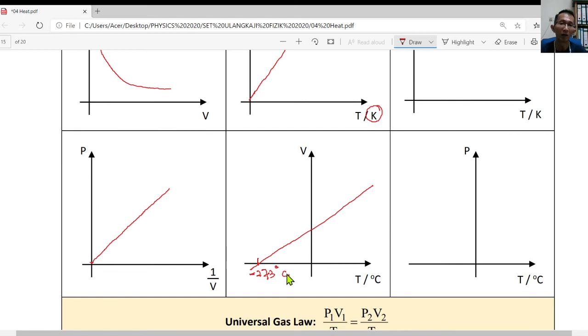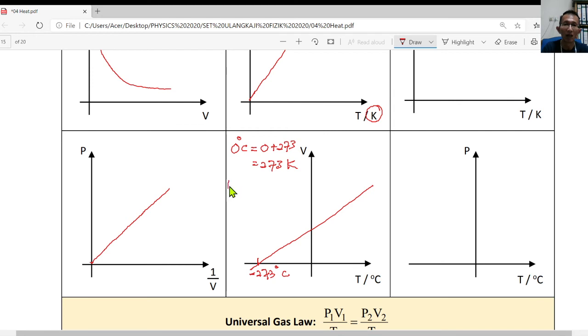That's why if you are to convert degrees Celsius to Kelvin, you have to add 273. For example, 0 degrees Celsius is equivalent to 0 plus 273. That will be 273 Kelvin.